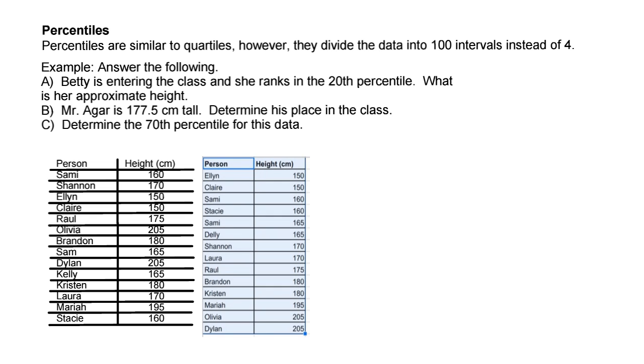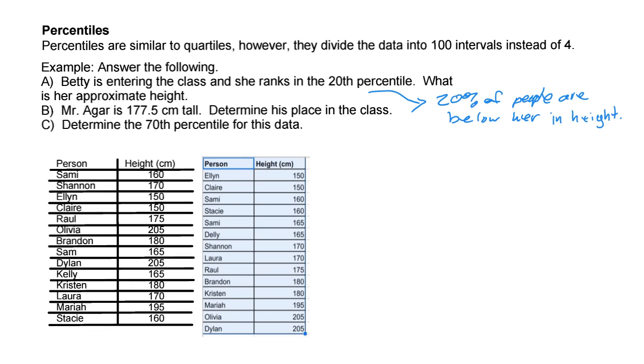When I say I have the 20th percentile, this is what it means for Betty: it means that 20% of the people are below her in height. So now let's figure out how to calculate that based on our new chart.